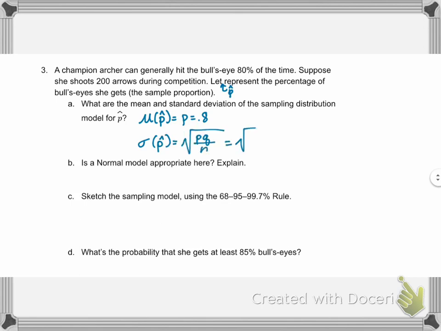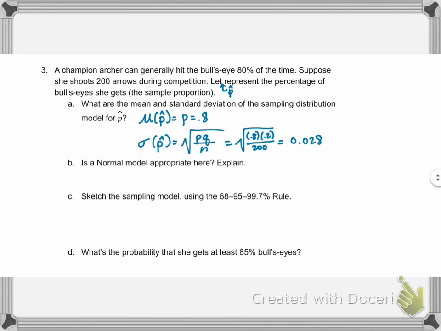But it comes from that square root of PQ over N. And here we know the population parameter is 80%. So that's what we're going to use. So it's square root of 0.8 times then 1 minus that would be 0.2 over that sample size of 200. Okay, so I have that standard deviation of 0.028.